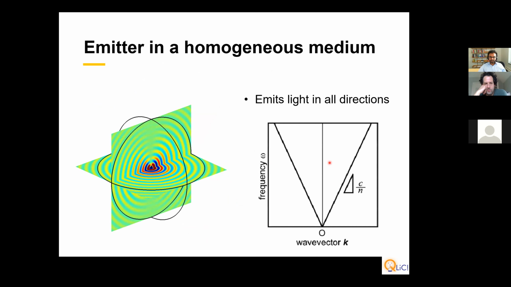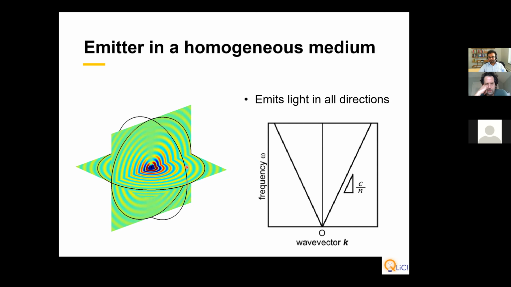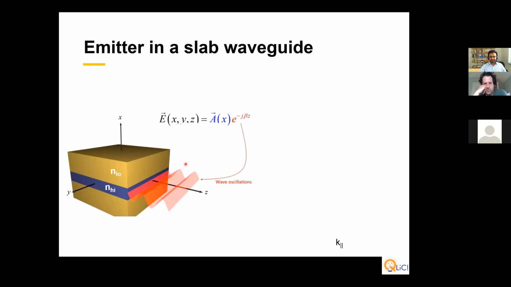Now, if we were to just place this single photon source in free space, it's going to emit all around uniformly, and it's a pain to collect that. And that's where the trick comes in. Now let's start putting this inside a slab. You have a high dielectric and a low dielectric embedding this high dielectric material.